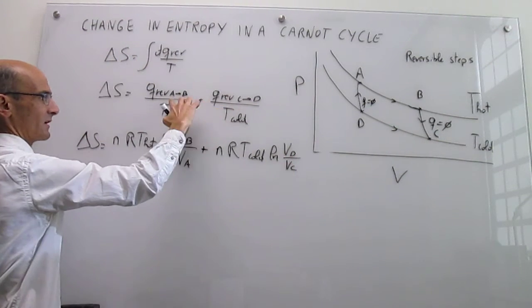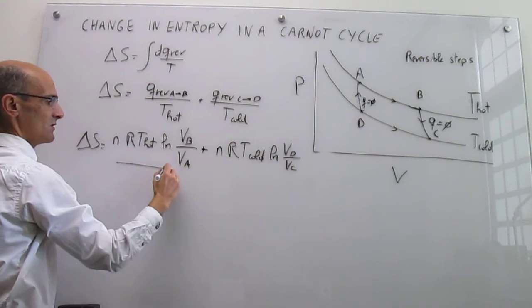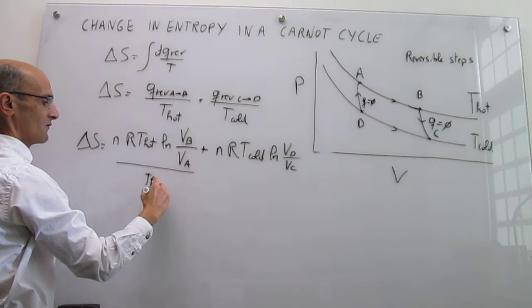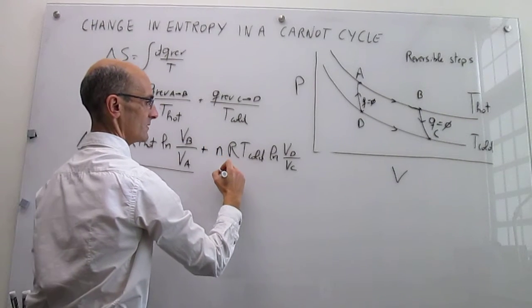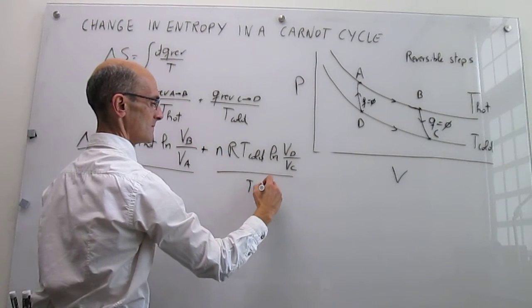Of course, these reversible heats are divided by the temperatures, so let's not forget that. That is divided over T hot, and this is all divided over T cold.